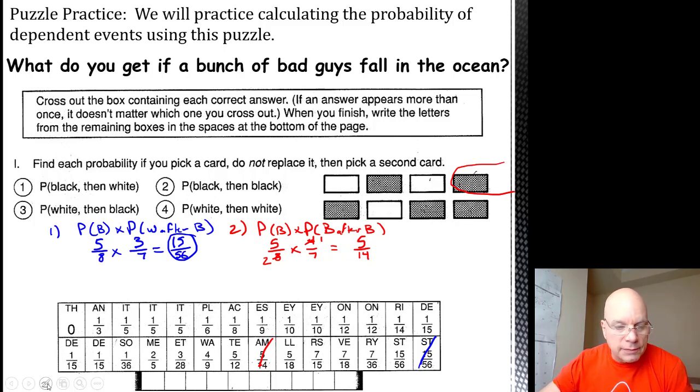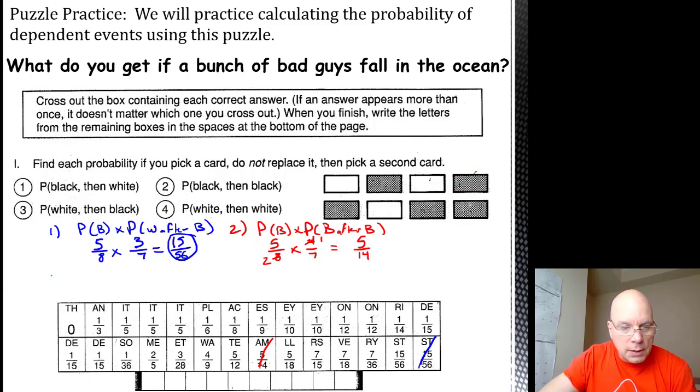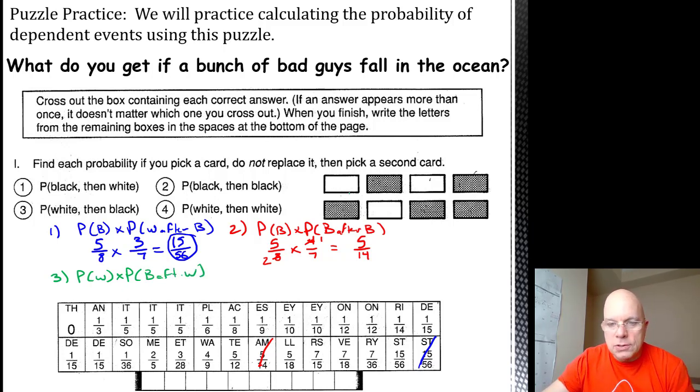Now all you have to do is lift your thumb. I have to erase this to make things clear. And number 3, probability of white, then black. So multiply by probability of black after white. Probability of a white card is, there's 3 white cards of the 8 cards. So 3/8.